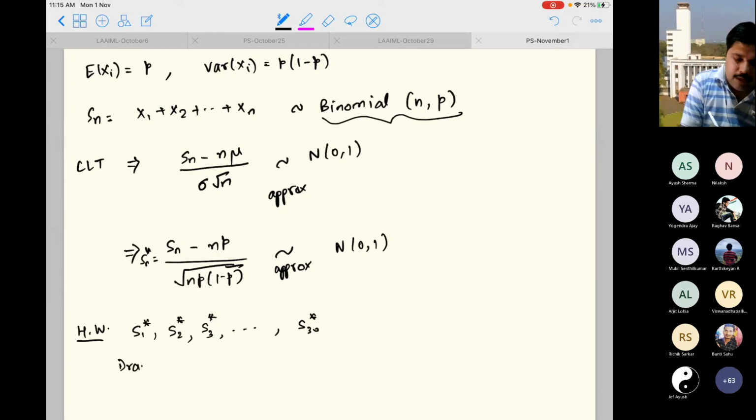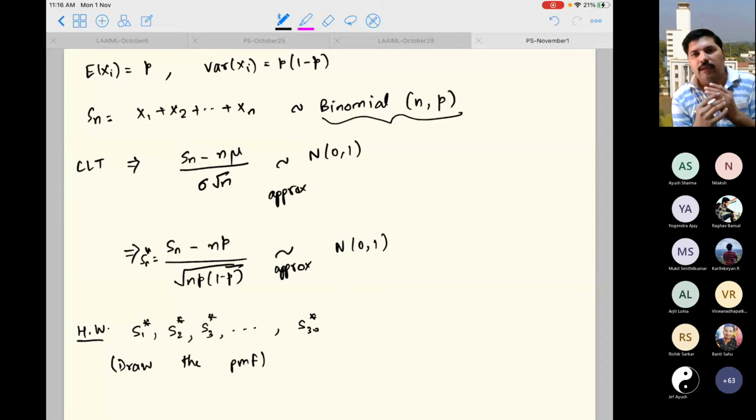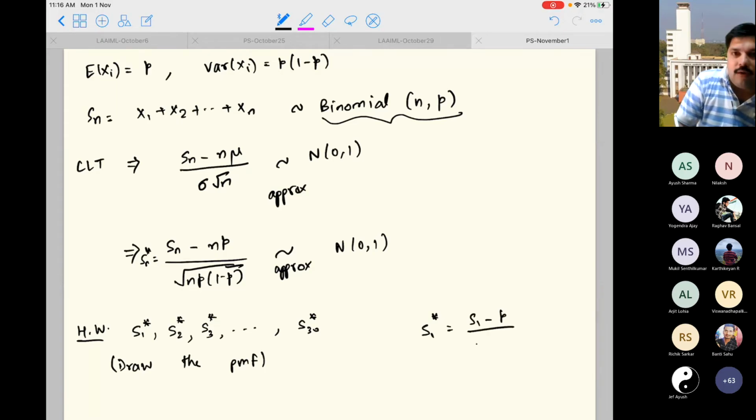Can you draw the PMF? Okay, it is not easy. For the first couple of them you can very quickly draw these PMFs, but after a certain stage you cannot. So what is the formula? For example, what is S1 star? It will be equal to S1 minus P divided by root of P into 1 minus P, right?